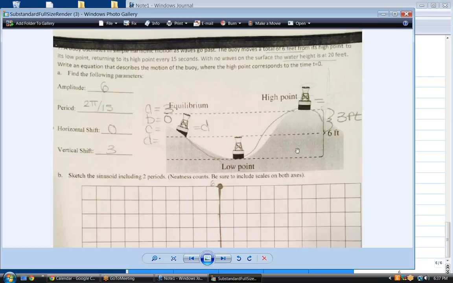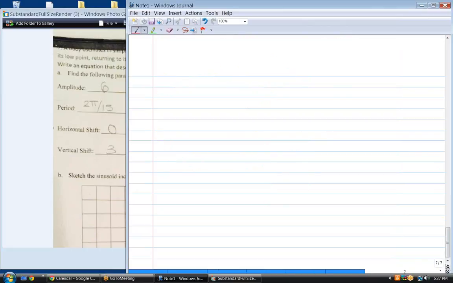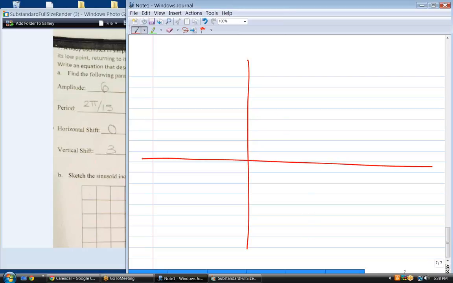In other words, if this is my x-axis, I'm going to move my line of symmetry up 3 feet. I'm going to start my drawing off like this. Because I know that the vertical shift is 3, I'm just going to start off by moving that line of symmetry up to 3.